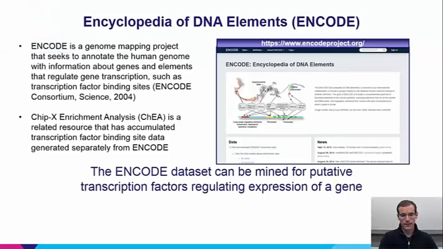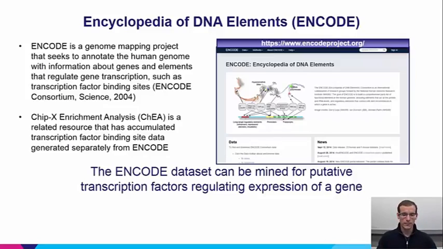The next resource is called ENCODE, which stands for Encyclopedia of DNA Elements. ENCODE is a genome mapping project. What that means is the aim of the project is to define, across the entire human genome, what is the purpose of every particular region.